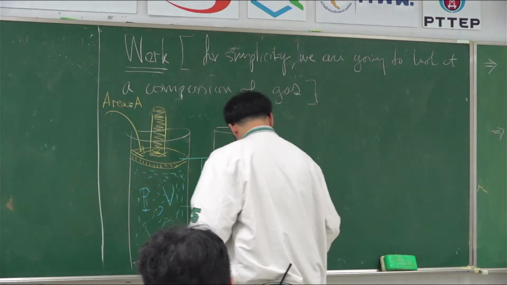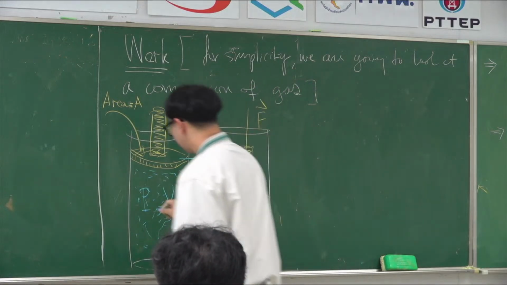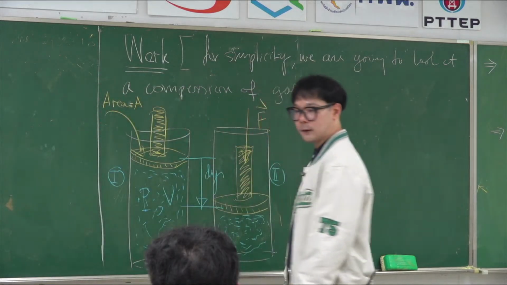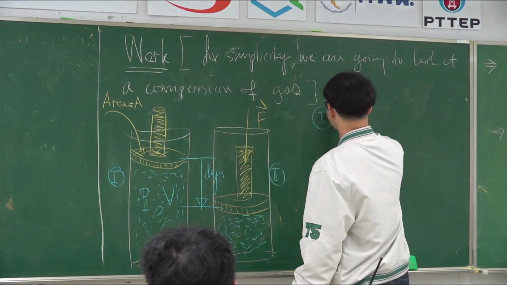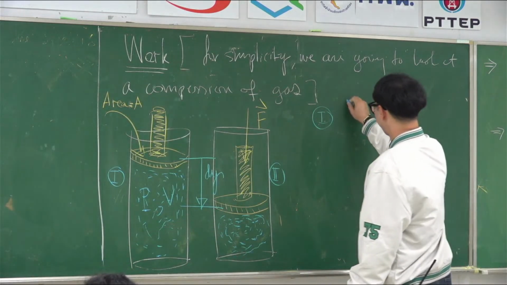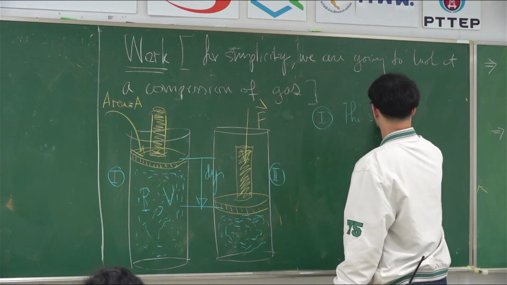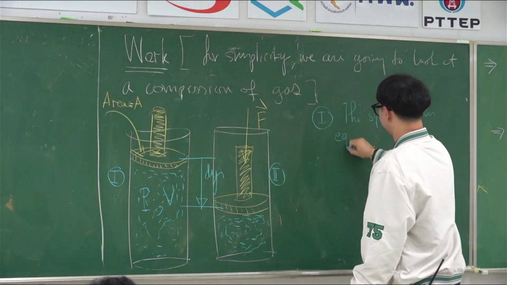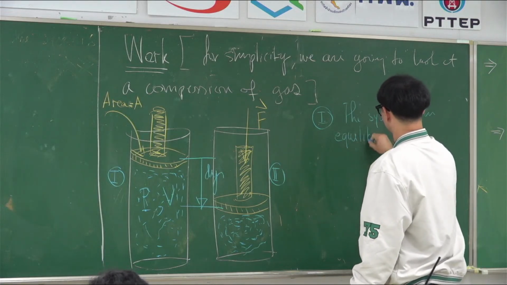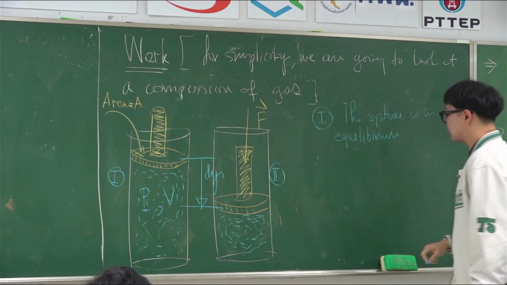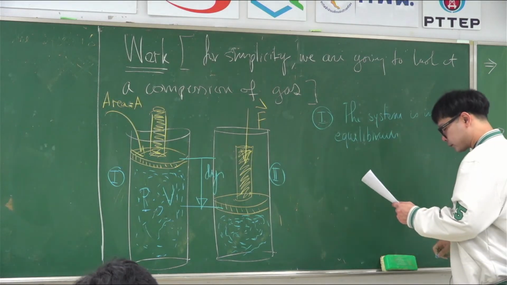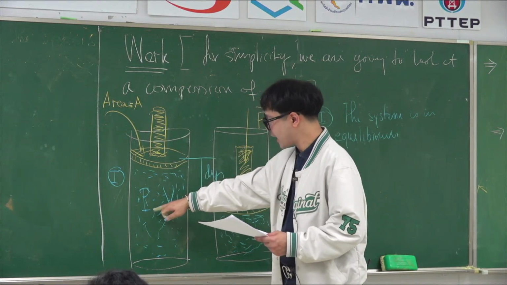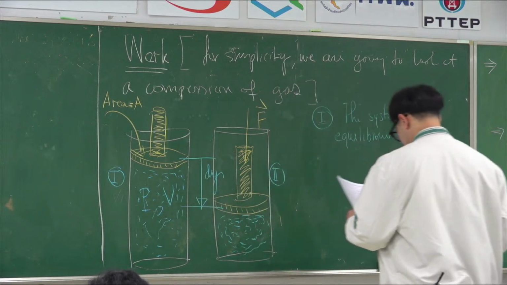So let's say that this is state 1 and this is state 2. At state 1, the system is in equilibrium. I mean, it stays still, and the gas has a pressure P and the volume V right here.